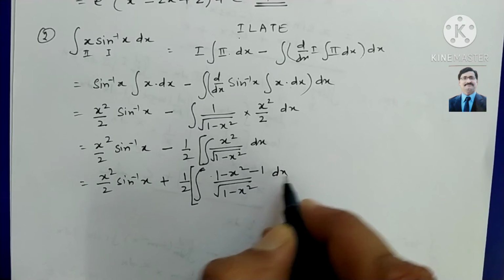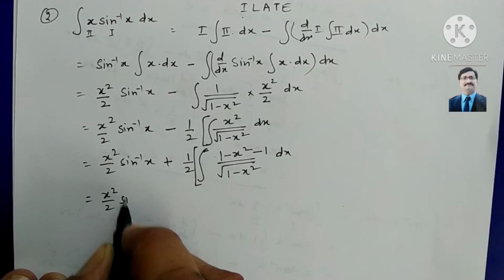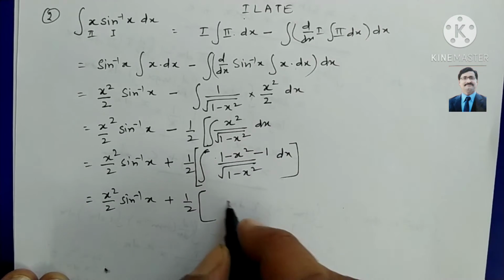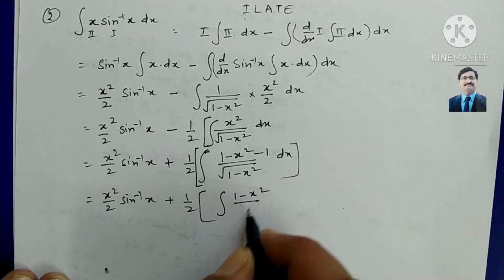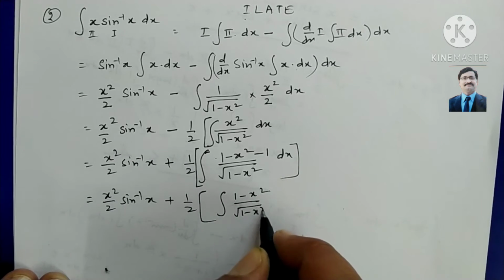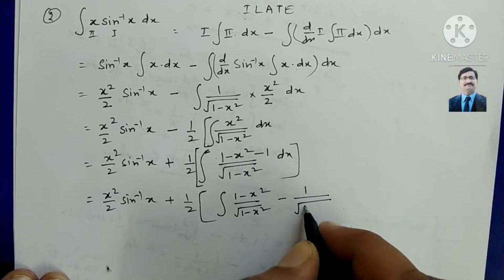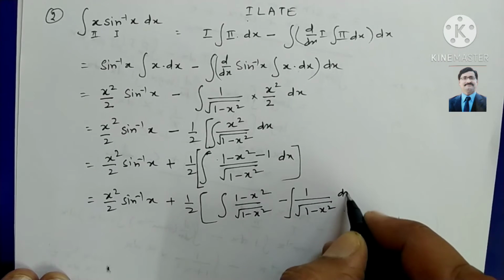Okay, and we separate them, so what we get is x square upon 2 sin inverse x plus 1 upon 2 integral. Look here, if we write separately, 1 minus x square upon root 1 minus x square minus 1 upon root 1 minus x square, integral and dx.